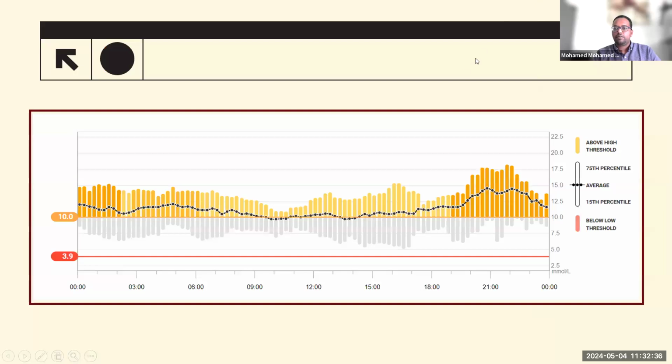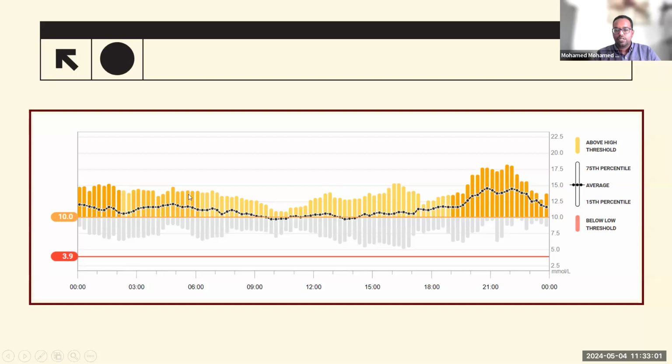This patient is from a different platform, but it delivers the idea. 3.9 to 10 is the range, and this is where the patient is. Can you see that? Most of the day, the patient is high.